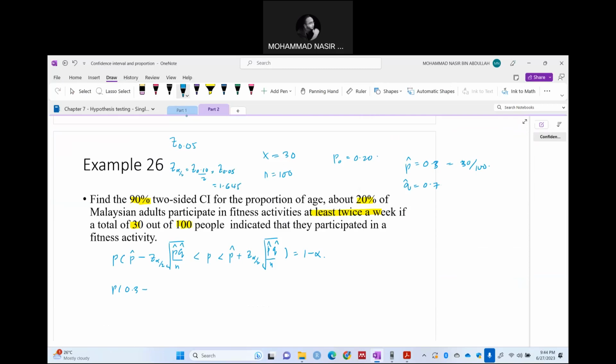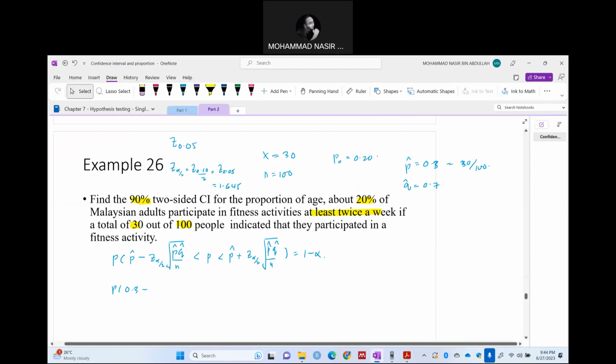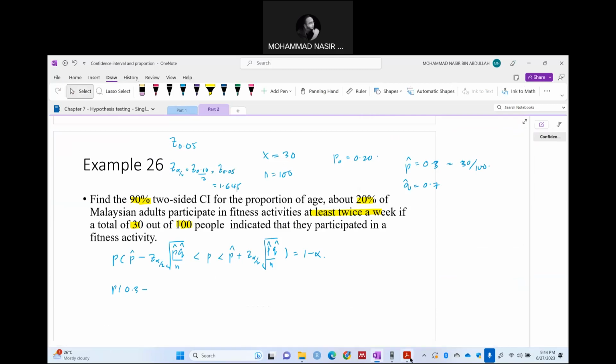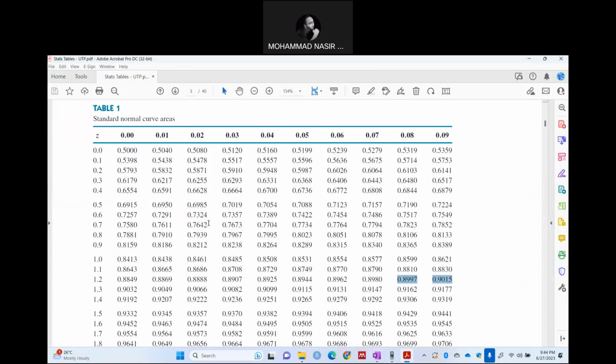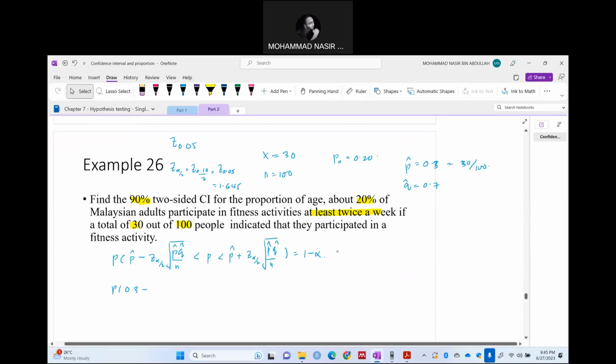So how do we know 1.645? Look at the statistical table. 1 minus 0.05 is 0.95. So 0.95 should be somewhere between these two values, 1.64 and 1.65.